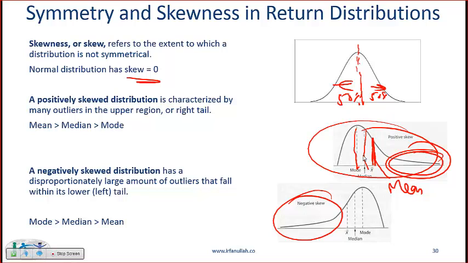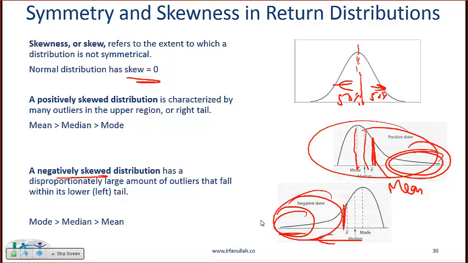They also pull the median, but not as much. And they don't really have much of an impact on the mode. And then obviously with a negative skew, we have the opposite. The mean is most to the left because again, now the outliers are on the left.